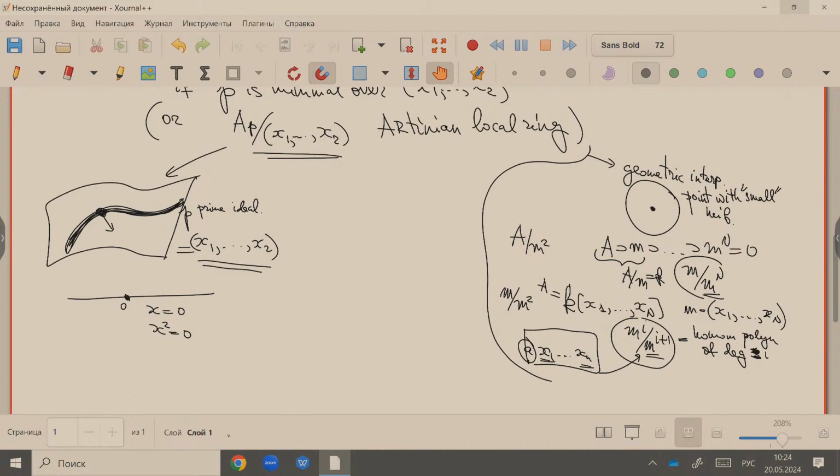In algebraic geometry this object is called a nilpotent thickening, because this is an Artinian local ring, and in the maximal ideal all elements become nilpotent.